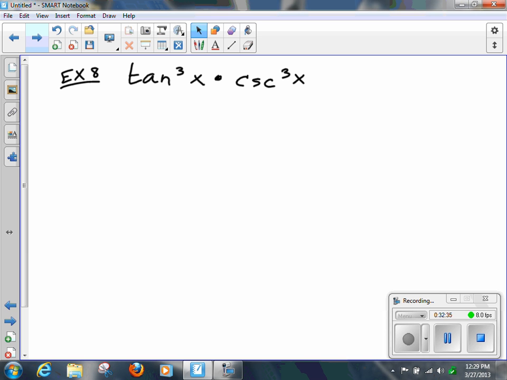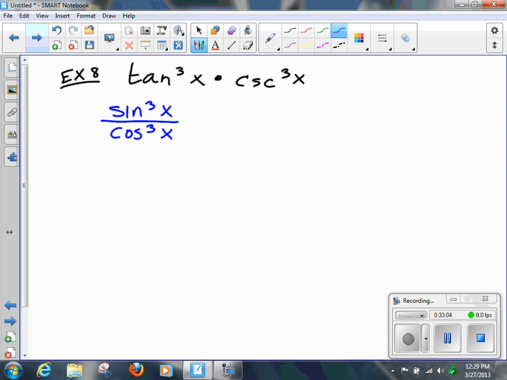What do you think? What can we do with this? Let's see wheels turning. What can I do with that? I could add the 3's if they were the same trig function. Yep.